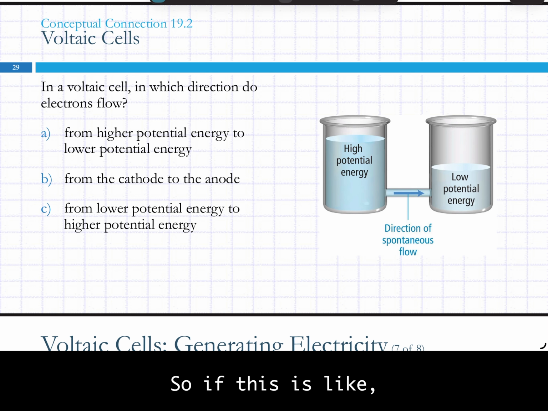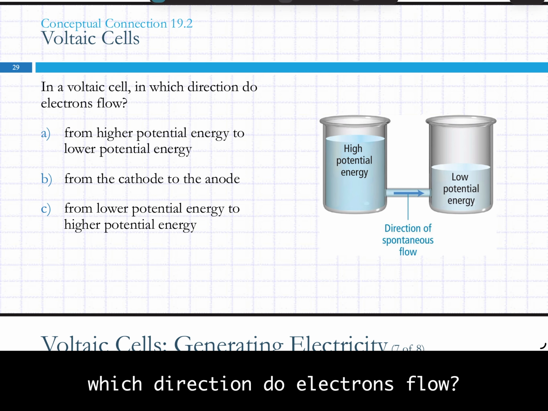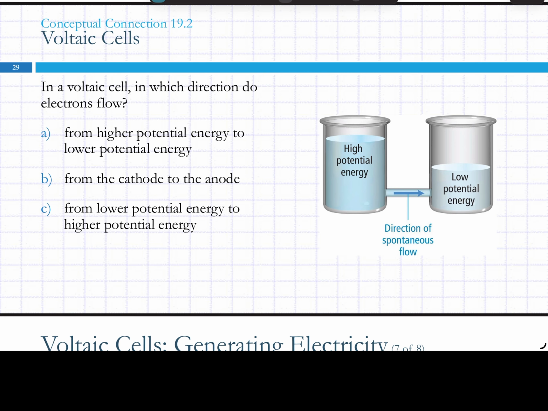So if this is like these two beakers of water connected by a tube in a voltaic cell, which direction do electrons flow? They go from high to low, cathode to anode, from lower potential to higher potential.